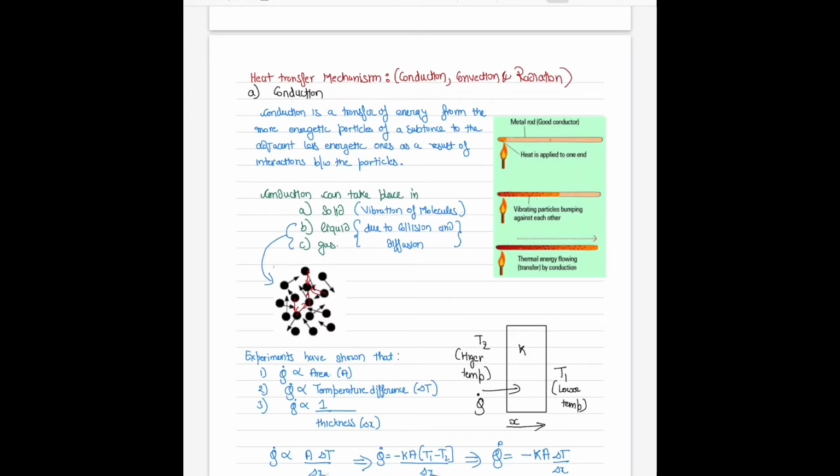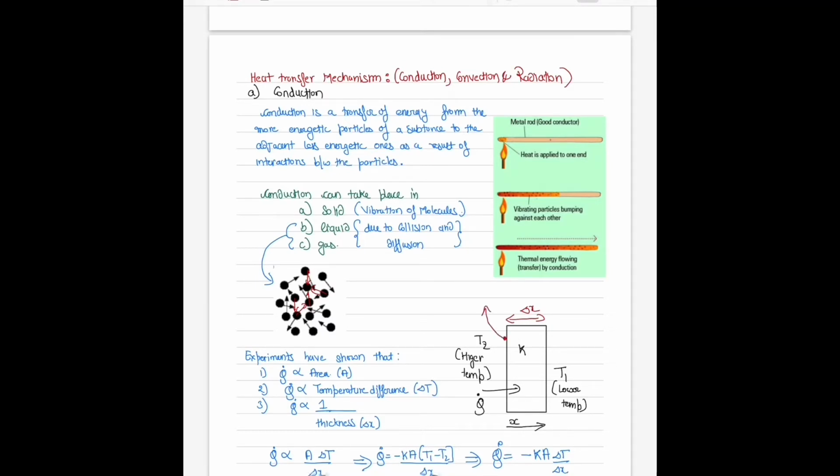A number of experiments were done in the past to get an expression for the heat transfer. In one of the experiments, they took a slab of thickness delta x.